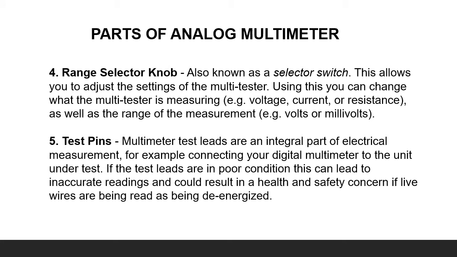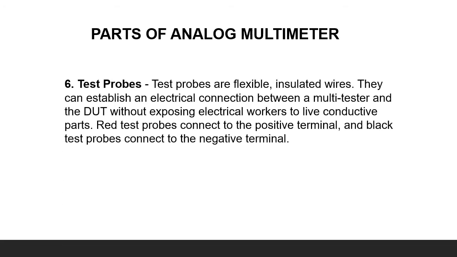5. Test pins. Multimeter test leads are an integral part of electrical measurement, for example, connecting your multimeter to the unit under test. If the test leads are in poor condition, this can lead to inaccurate readings and could result in a health and safety concern if live wires are being read as being de-energized. 6.